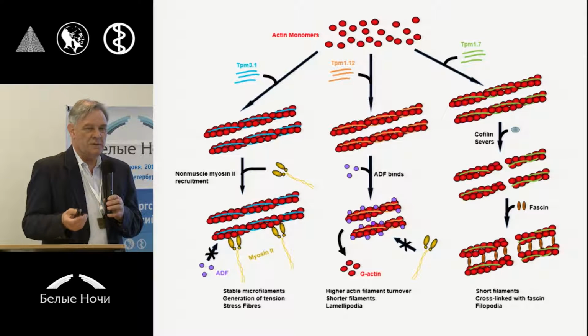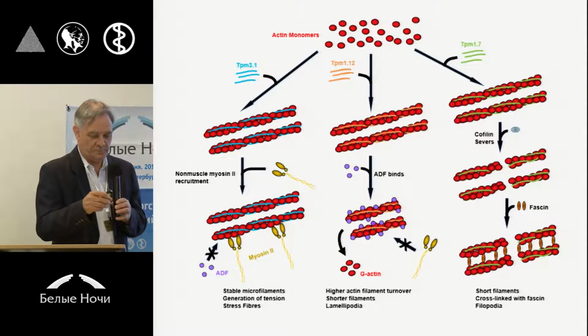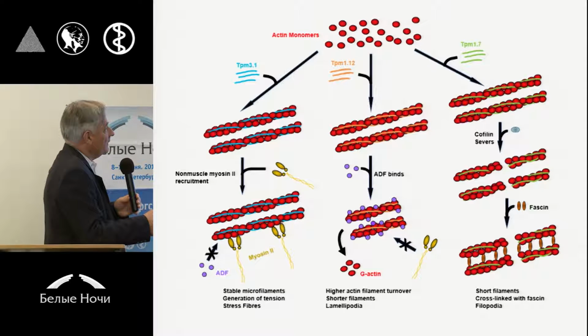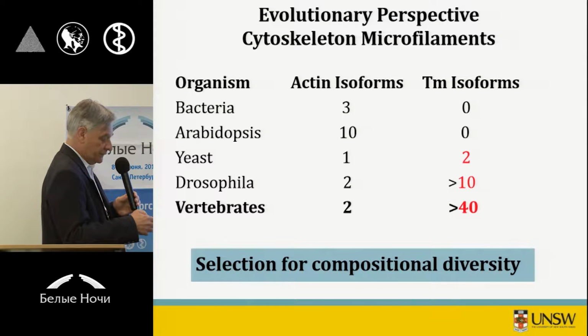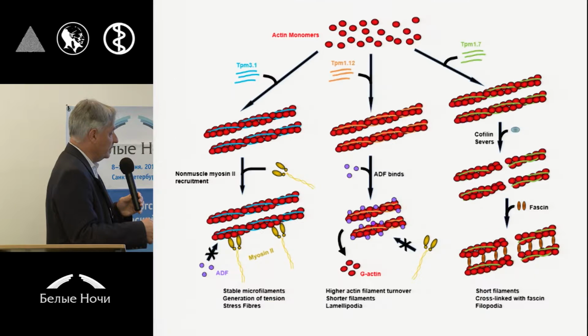This summarizes 30 years' work from my group and is incredibly simple. If you take actins and you combine them with a specific tropomyosin, you generate a filament that has a specific function. So if you take the tropomyosin 3.1, you add it to an actin filament, you will recruit myosin motors, you will inhibit actin severing proteins, and you will generate stress fibers.